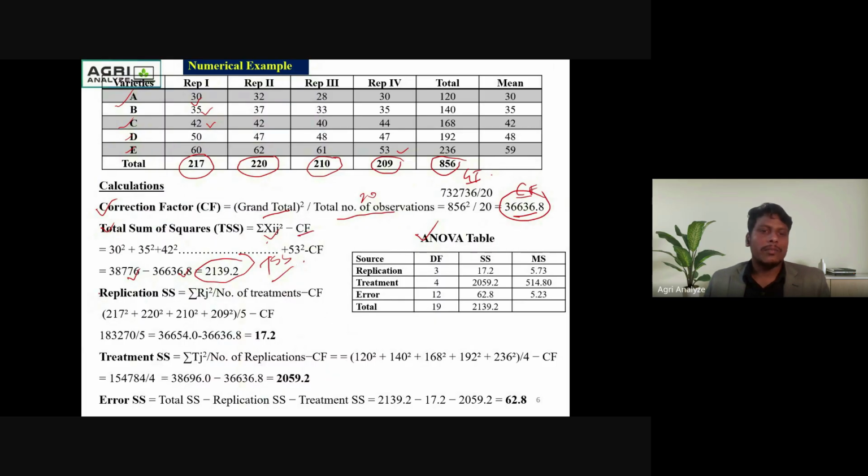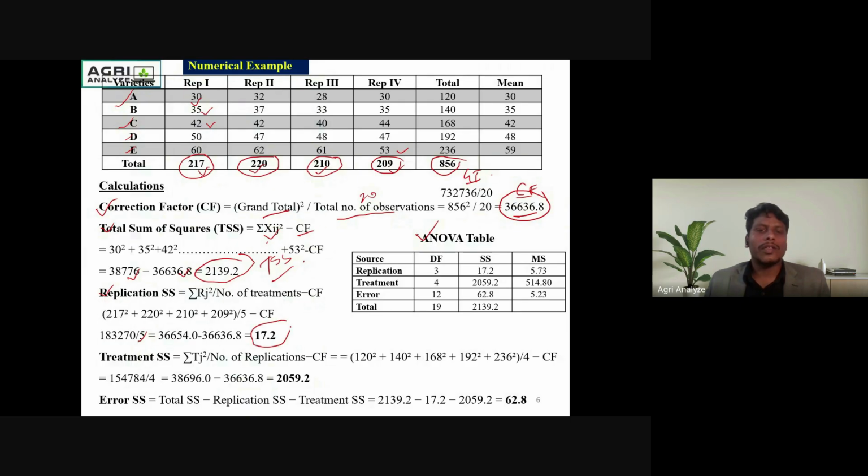Now we come to the replication sum of squares. It is the sum of the squares of the replication totals divided by the number of treatments, minus the correction factor. Here are the sums of the first, second, third, and fourth replications.